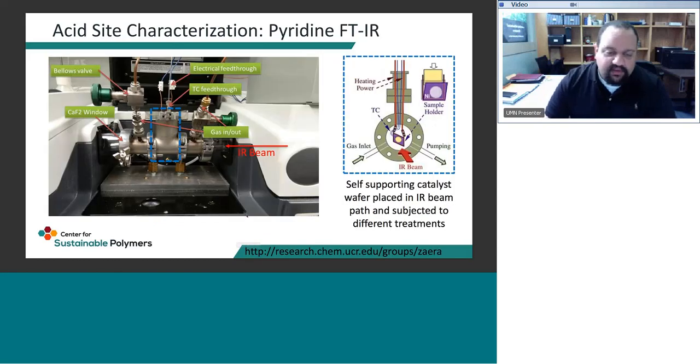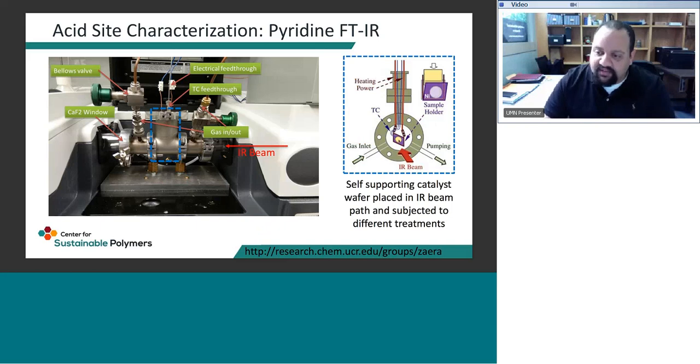One technique to try and characterize these solid acid catalysts is infrared spectroscopy, specifically here Fourier transform infrared spectroscopy, or FTIR. What you would basically do is take a vacuum cell, inside of which you can see in the cartoon on the right, you press a self-supporting wafer of your catalyst.